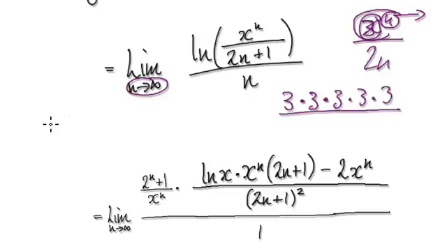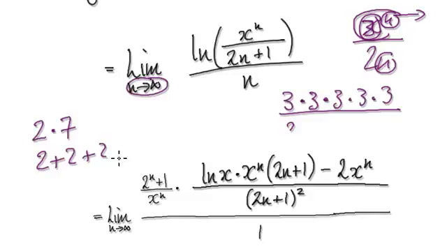For the denominator, think of it like this. If n is, let's say 7, it will be 2 times 7, meaning 2 plus 2 plus 2, and so on.